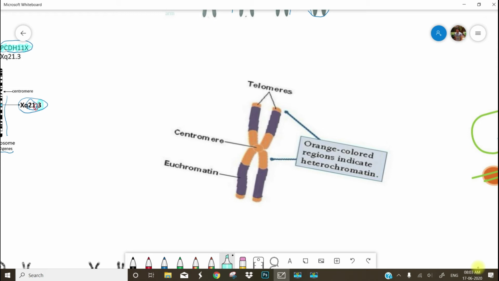Here the darkly stained region shown is actually lightly stained. This orange colored region is the one I am talking about as darkly stained. So here genes are silent because it is packed very closely.